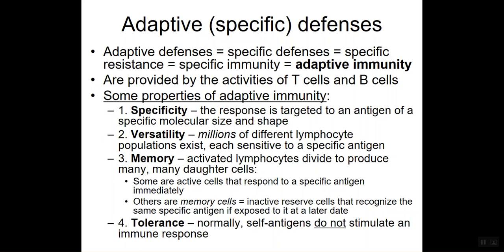Rheumatoid arthritis, just to name a few. I mean, there's dozens of them. Those are all examples of where your immune system falters to the point of attacking your own cells, your own tissues. Again, normally that shouldn't happen, but if you have an autoimmune disorder, it is happening. So the property of tolerance is important, but not always perfect.